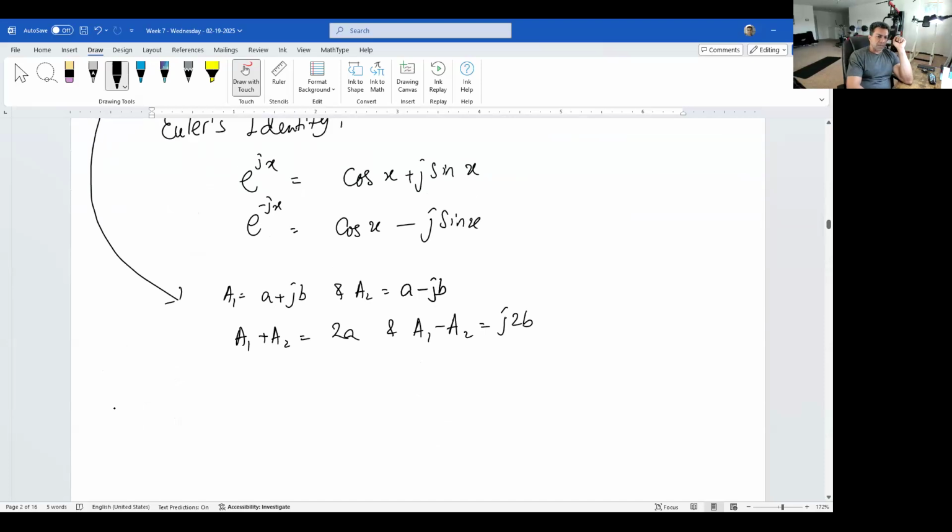So the response of the underdamped circuit is given by e to the power negative alpha t. A1 plus A2, we just call it B1.